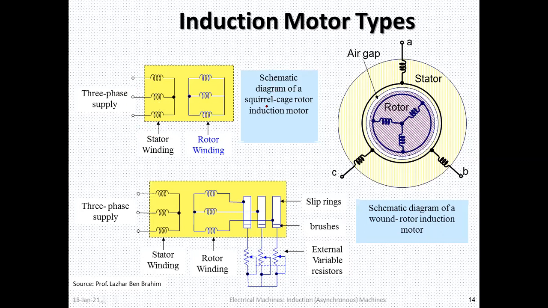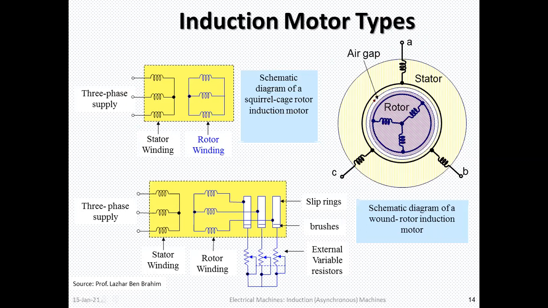So this is a schematic diagram of a squirrel cage induction motor. Basically, there are two types of rotors, which we will see later. On this side, we can see very easily the three-phase stator supply, phase A, phase B, and phase C, and there is an air gap.